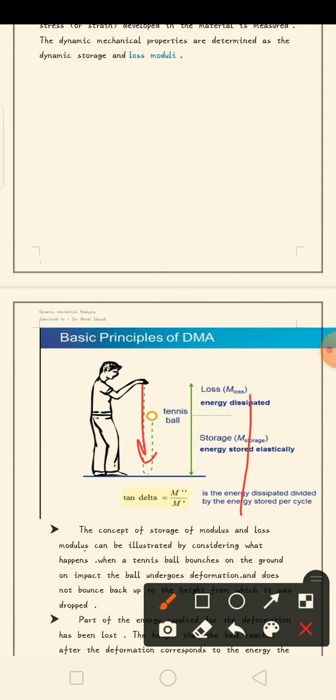The height that the ball reaches after the deformation corresponds to the energy the ball was able to store elastically and reversibly. This corresponds to the storage modulus, whereas the loss modulus corresponds to the energy that has been dissipated as heat.